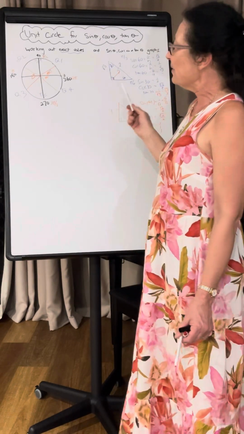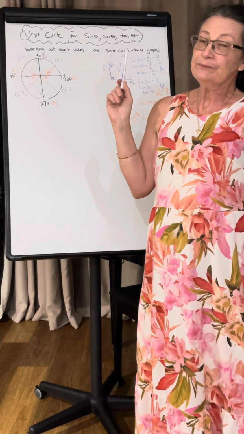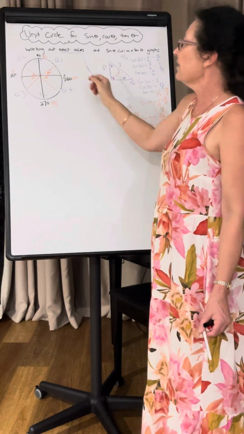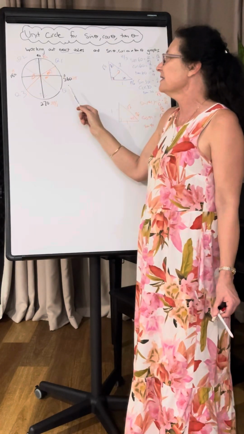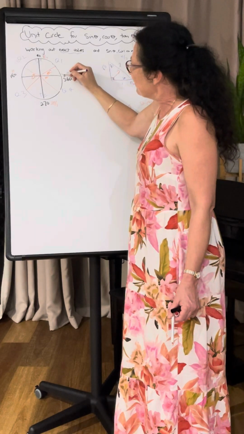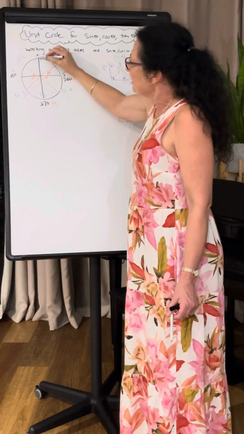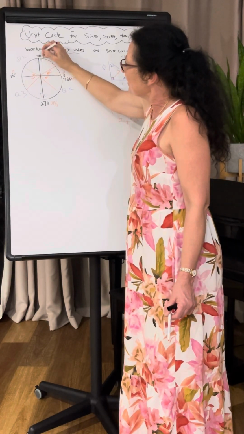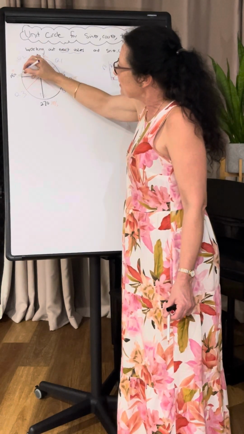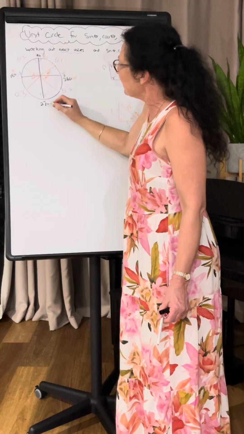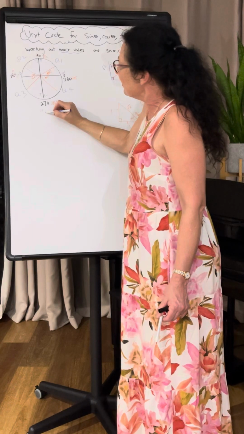Now if we remember going back to the 0, 90, 180, 270 and 360, and we had a look here, and that was 1, 0, that was 0, 1, that was minus 1, 0, and that was 0, minus 1.